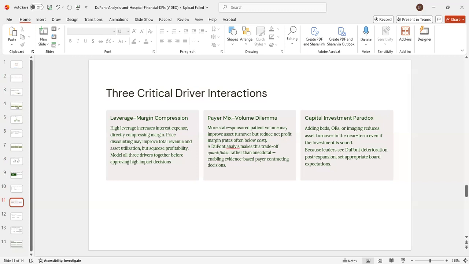So this can create concern among various other leaders in the organization. So it is important to set expectations appropriately and for leaders to anticipate this temporary dip as a result of these large investments.